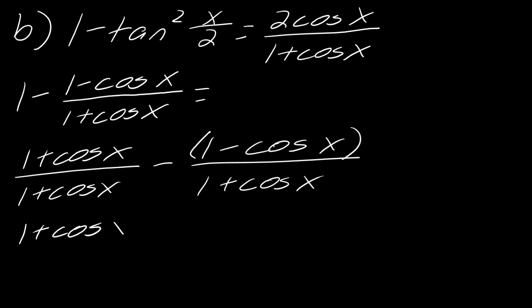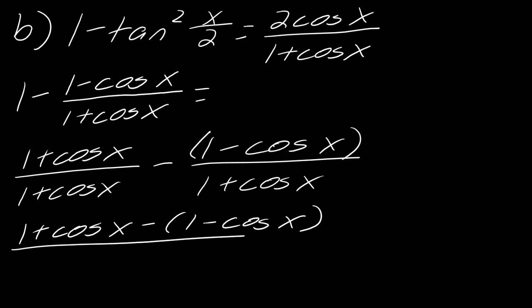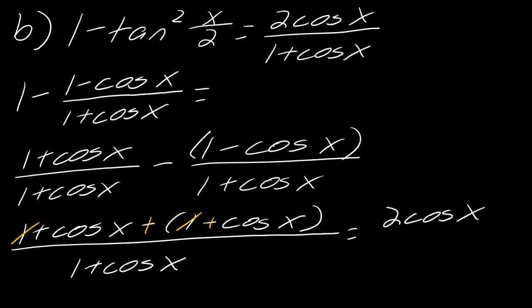I want to be super detailed and I don't want to make any mistakes. So I'm just going to rewrite this out so that I don't forget to capture that minus sign. And now I can see that the 1s are definitely going to drop out. And this will become plus cosine x. So look at what I'm left with: 2 cosine x over 1 plus cosine x. So woohoo, I did it.